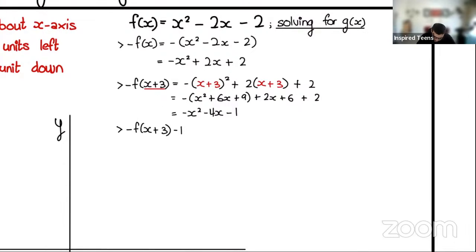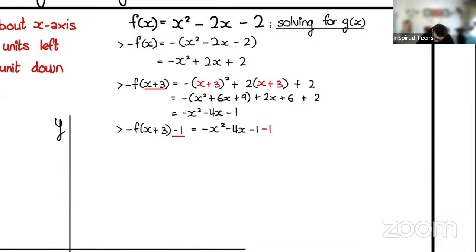This is simple, because we just need to take this equation and minus 1 from y, because remember, now this entire thing is the new y. It's like our new y essentially. So now we just need to minus 1. Whenever the minus 1 is outside of the bracket, all you need to do is negative x squared minus 4x minus 1 minus 1 again.